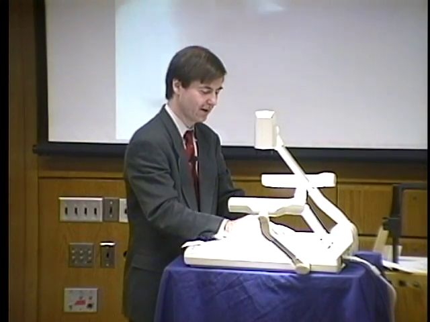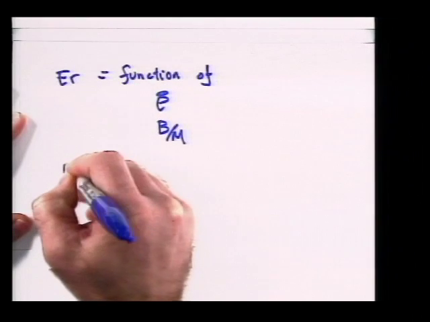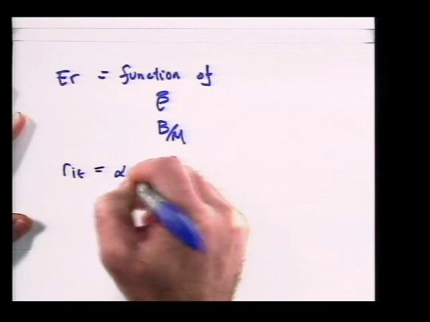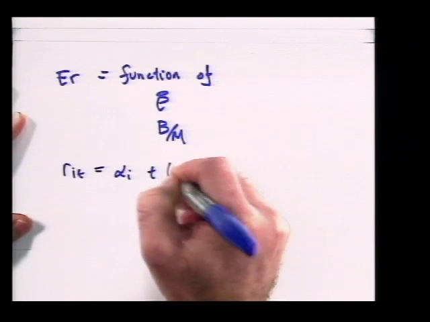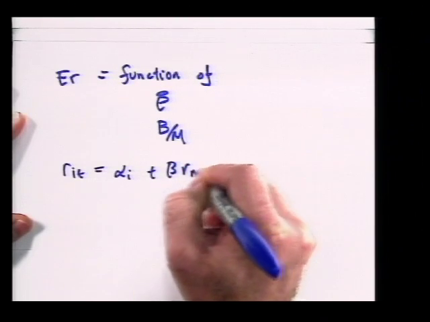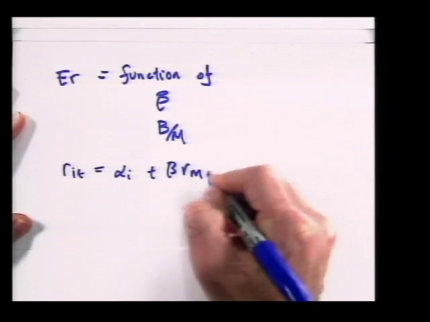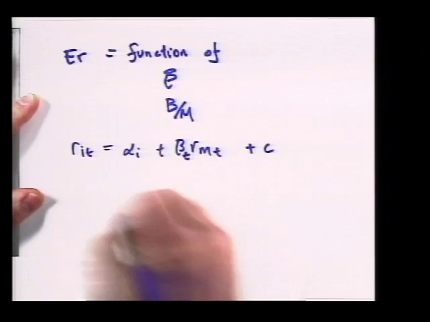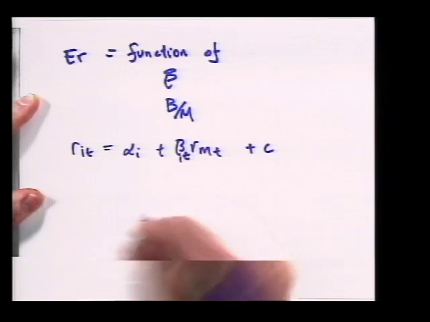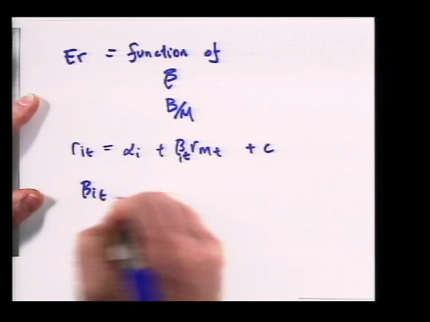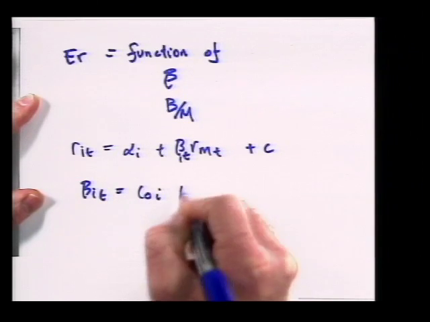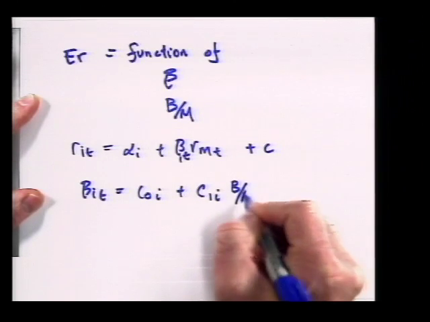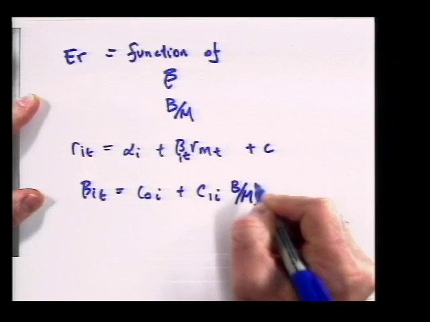In our usual model, we've got R_it equals alpha_i plus beta times R_M, or F1 if you want to call it that, plus e. Well, we can make the assumption that beta_it equals C0_i plus C1_i times book to market_{t-1} for i.